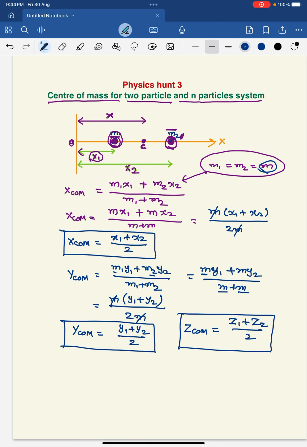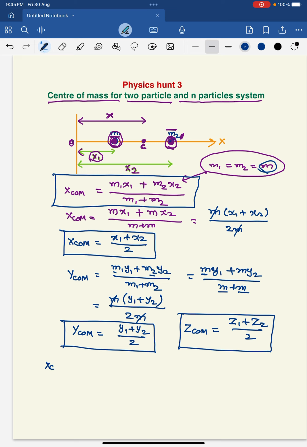So this is for two particles. Suppose I have n number of particles: m1, m2, m3 and so on up to mn. If all these particles are lying along the x-axis, this expression can be written for n number of terms.